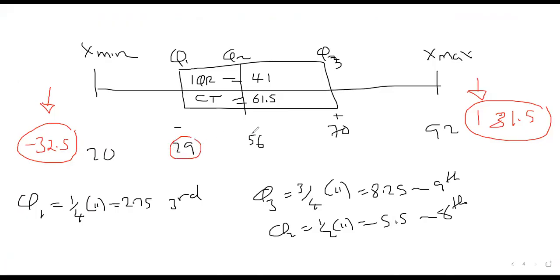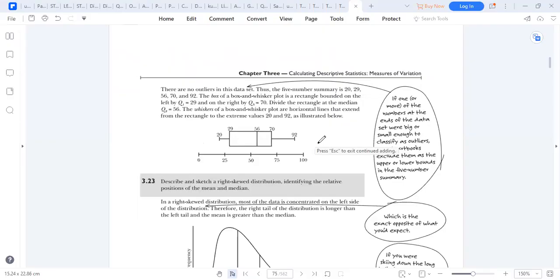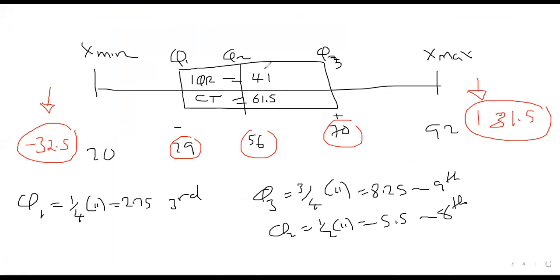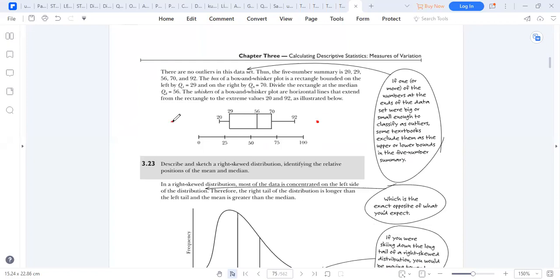After establishing that, we added and got 131.5, which is here, and negative 32.5, which is there. So here there are no outliers because everything is within.